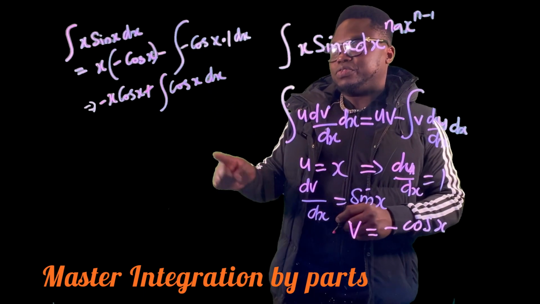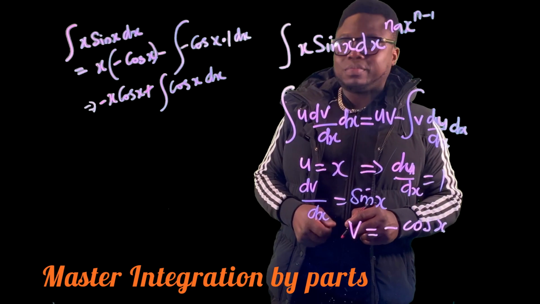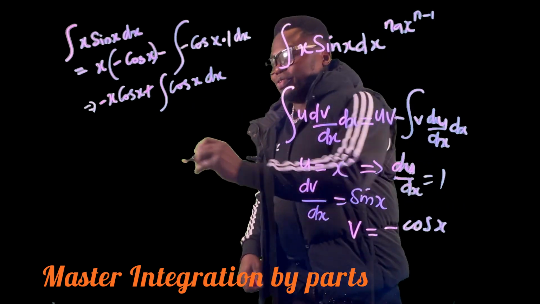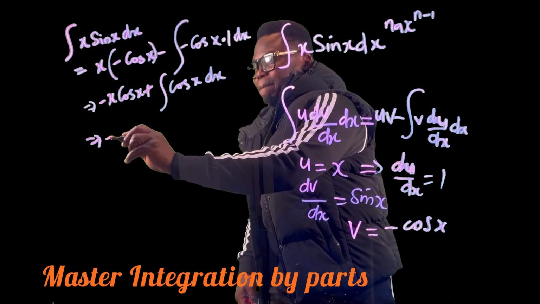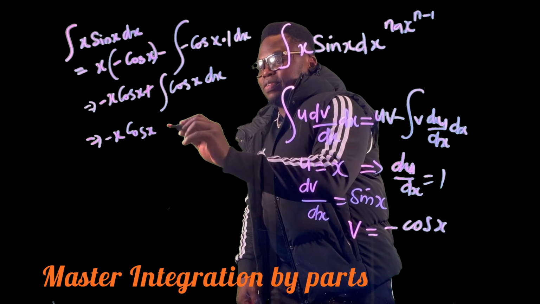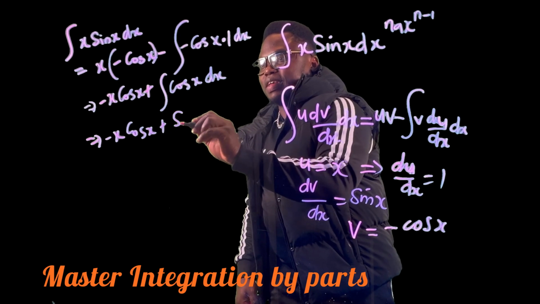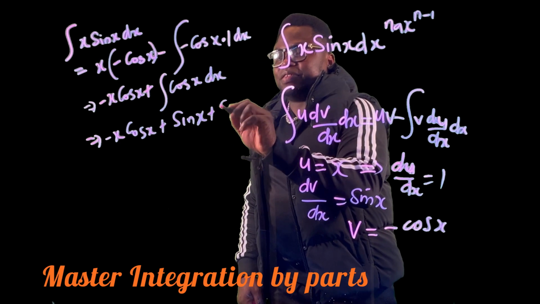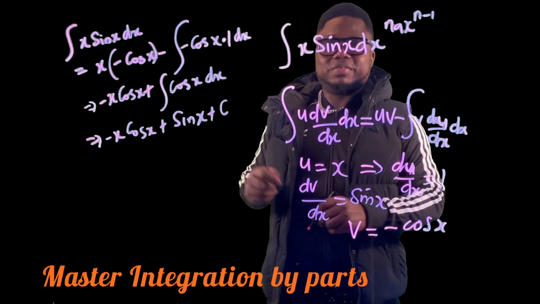The next thing to do is to integrate cos x. Integrating cos x, I'm going to have sine x. So this is the same thing as minus x cos x plus sine x plus an arbitrary constant of integration.